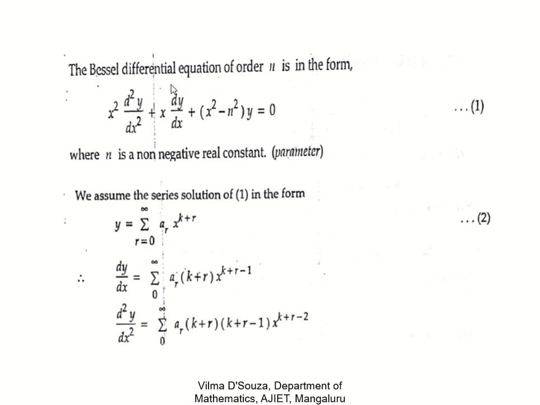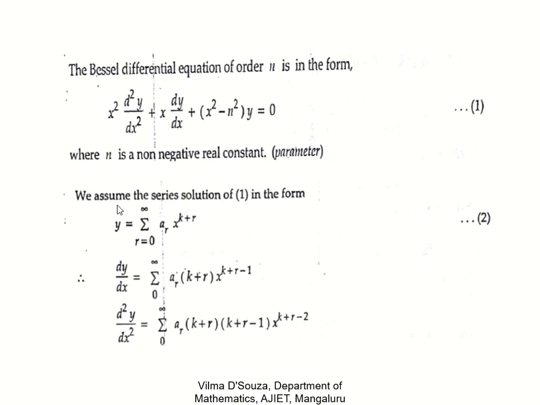This is Bessel's differential equation of order n, where n is a non-negative real constant, also known as a parameter. Now we need to find a series solution of this Bessel's differential equation.